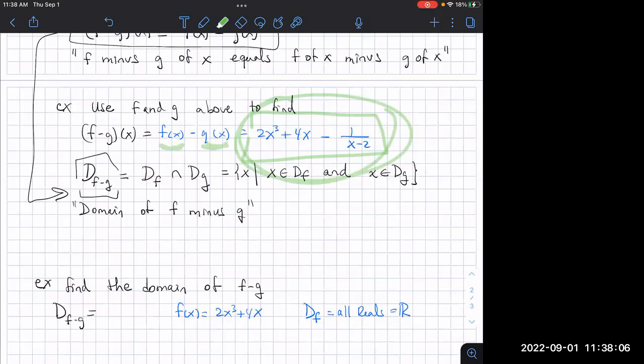What's the relation of the domain of the final function in terms of the domain of the functions F and G that make up the final function? The relation is that because these two functions are being subtracted, when you plug in a value for X, I should be able to calculate the F of X and the G of X. So that means it has to be in the domain of both.